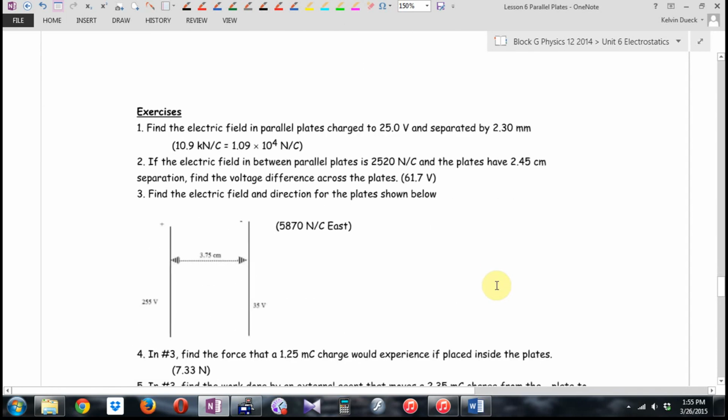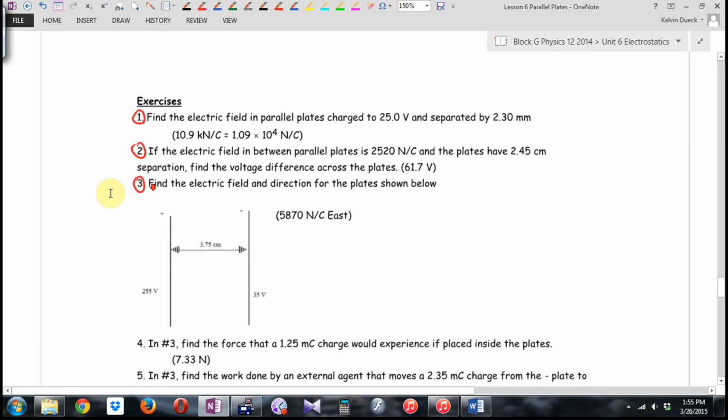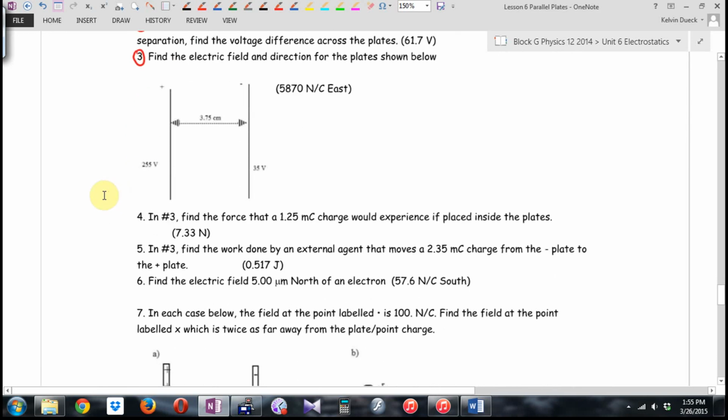What's your homework? Number 1. Number 2. Number 3. What does number 4 want me to find? Where? Between plates?